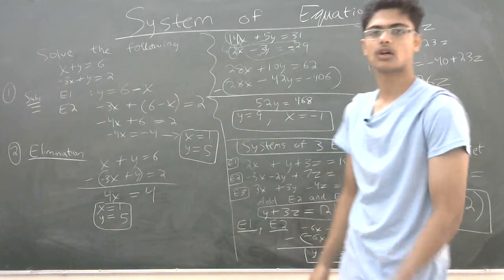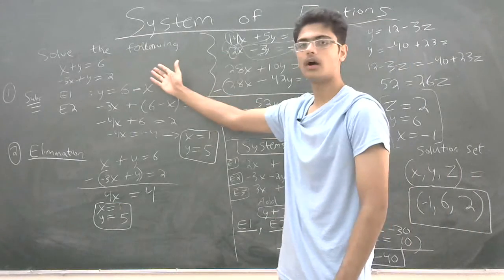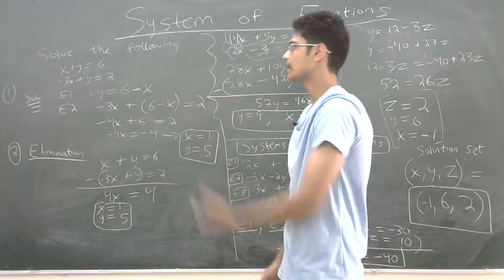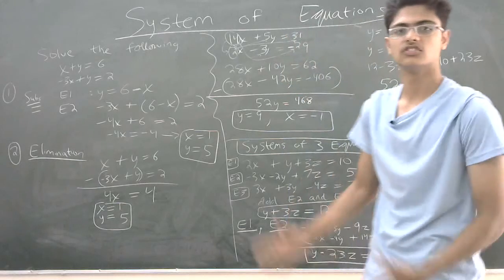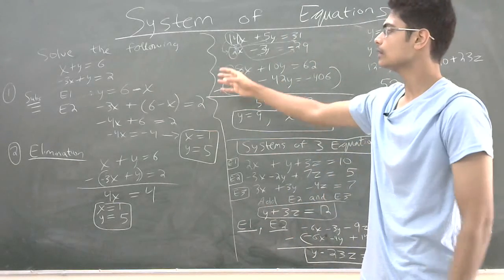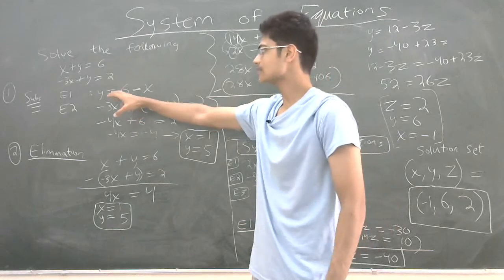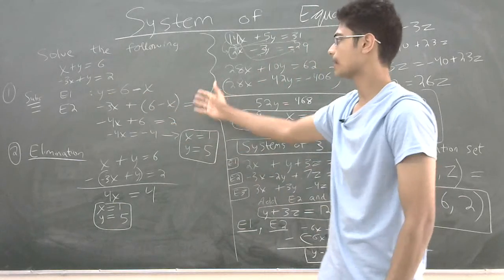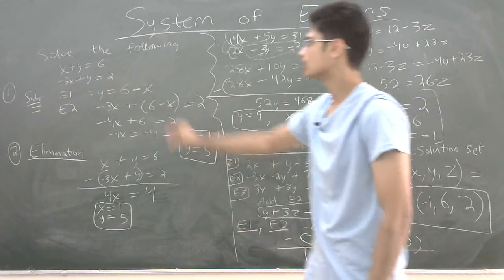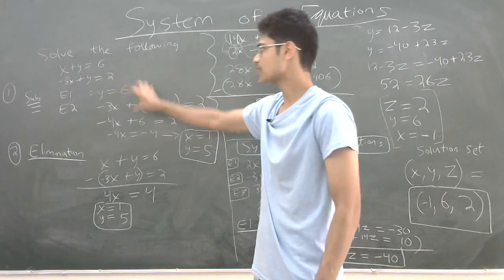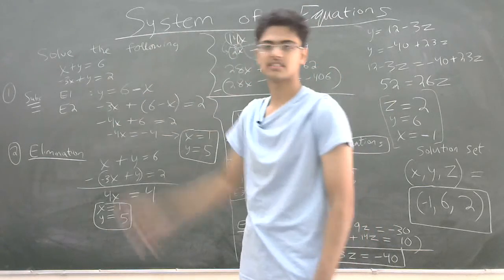So if you have something like solve the following, x plus y is equal to 6 and negative 3x plus y is equal to 2, then you can really basically make this into y is equal to 6 minus x, and then really have this value substituted in to the second equation.